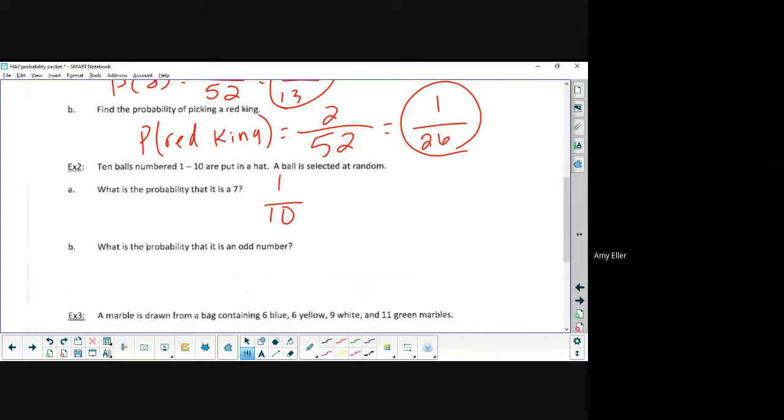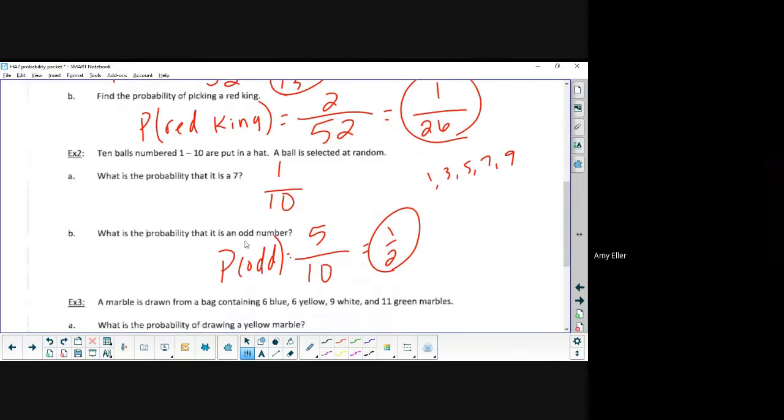What is the probability that it is an odd number? Our odd numbers are 1, 3, 5, 7, and 9. So there's 5 of them. And if you just put a half because you knew that was the answer, that's fine for these more basic questions.